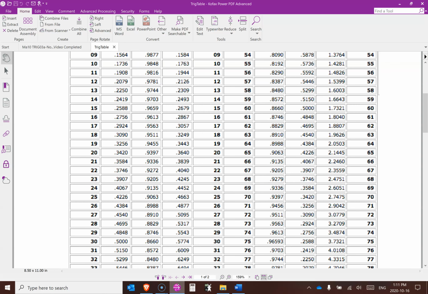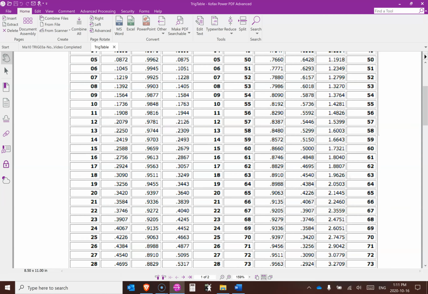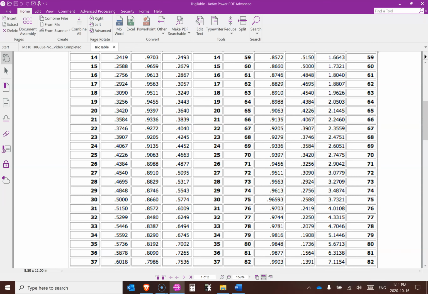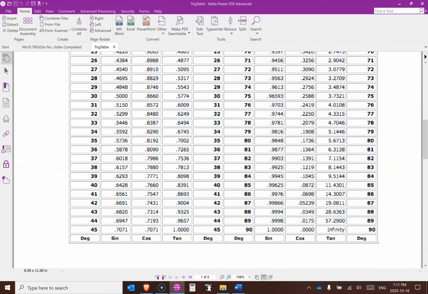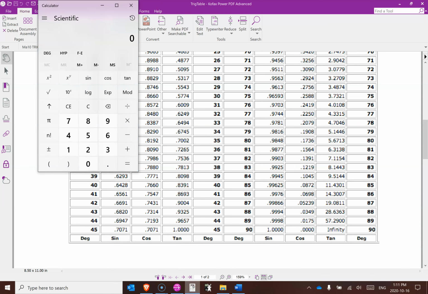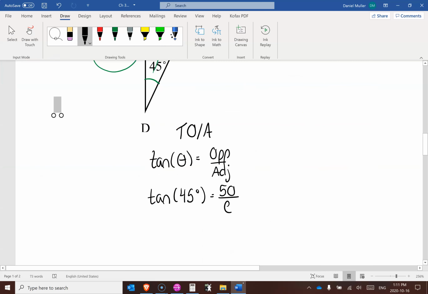Tangent is the right one, and I have to do 45. Okay, here's 45, and tangent is the last one. Oh, 1.000. Okay, so it's just 1. Let's check with a calculator. Tan 45 is also just 1. So either way, this just becomes 1.